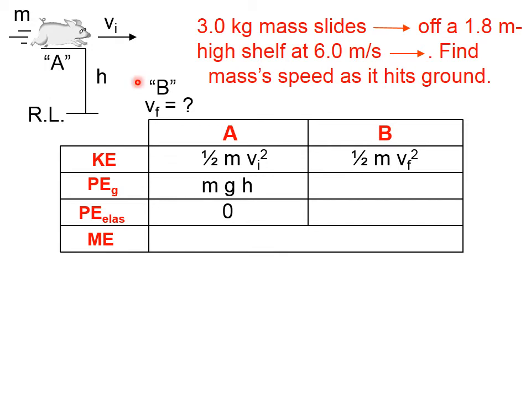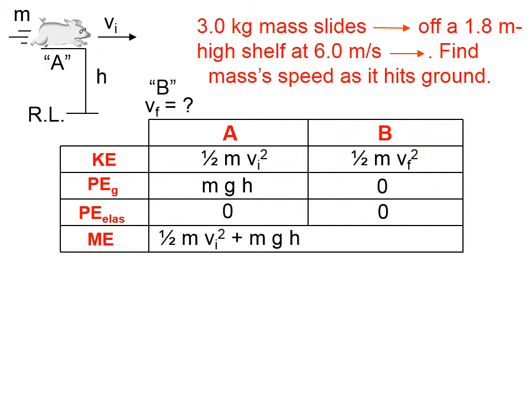When the piglet is in conformation B, he is essentially at the reference line, which means his height above it is 0, so the gravitational potential energy is 0. Again, no springs to worry about, so that term is 0. Then the conservation of mechanical energy says that the sum of these terms must equal the sum of these.